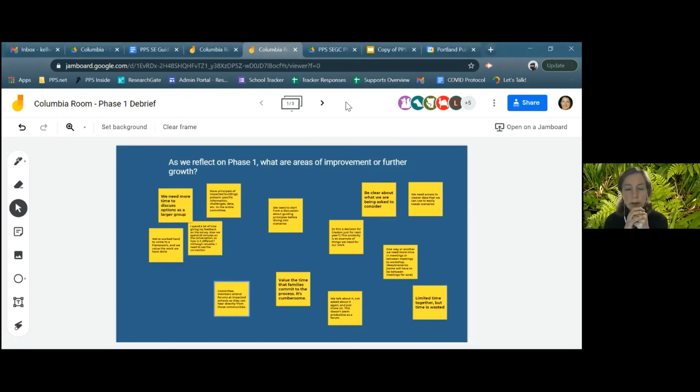So I'm wondering if there can be more intention about people who are slower, longer processors versus shorter processors, and people who want to have a dialogue versus others. I appreciate new things like the Jamboard to share ideas, but I'd also like a little more intentional facilitation to make sure we're hearing from everybody in our groups. Yeah, thank you for that feedback.